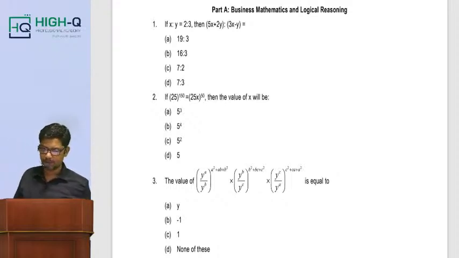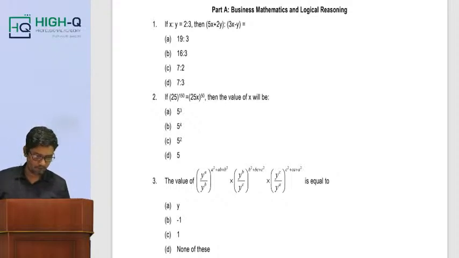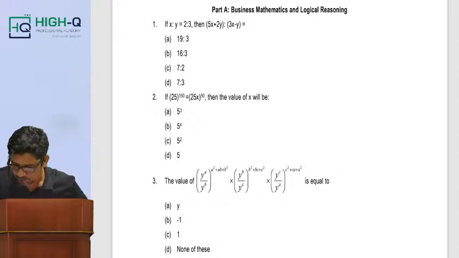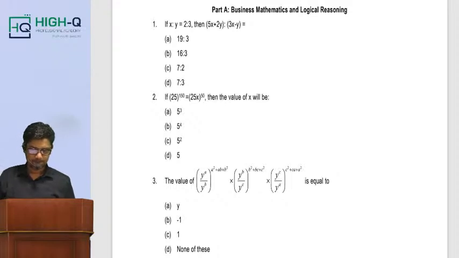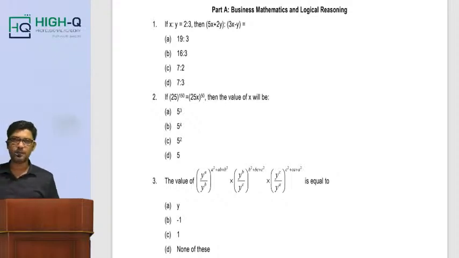Okay, let me start. First question: if x is to y is equal to 2 is to 3, then 5x plus 2y is to 3x minus y is equal to, I hope you know it. Simply, instead of x we'll put 2, instead of y we'll put 3.